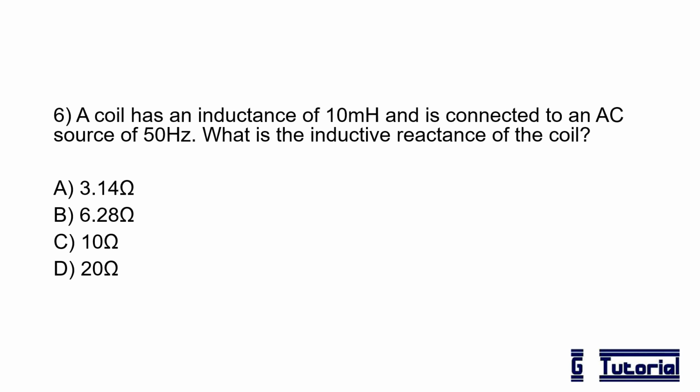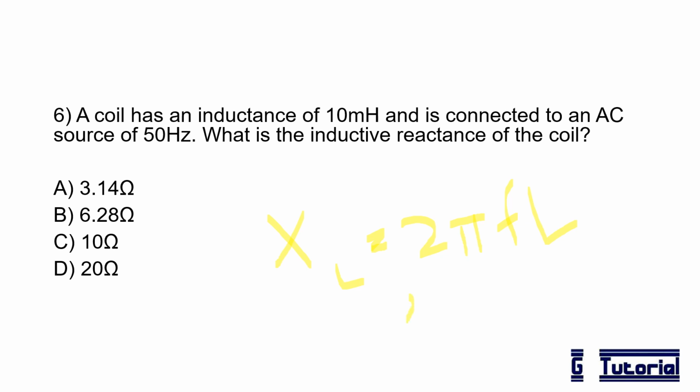So inductive reactance, XL, is equal to omega L or 2 pi F L. Here F is given as 50 hertz and L is given as 10 millihenry. The value of pi is 3.14.